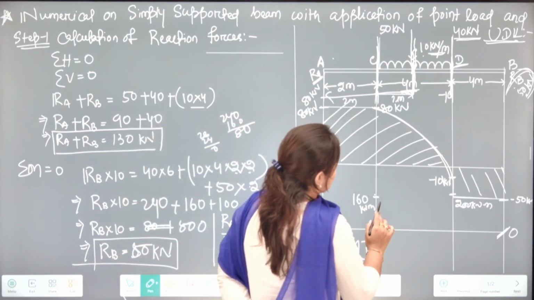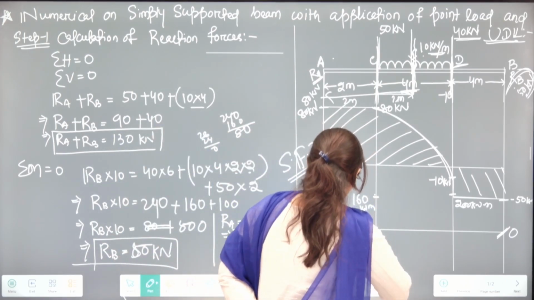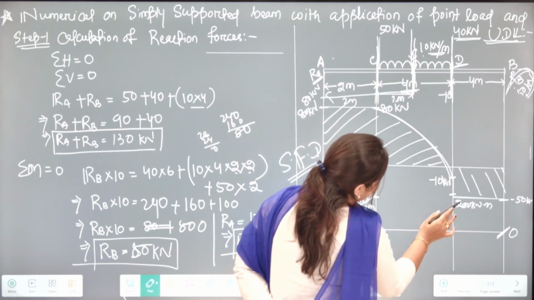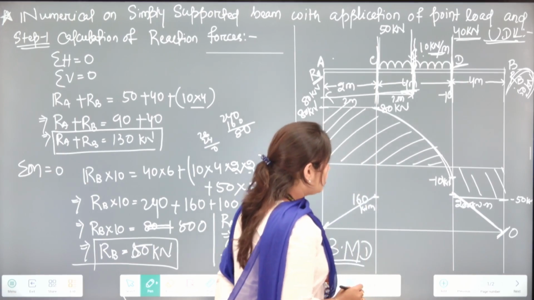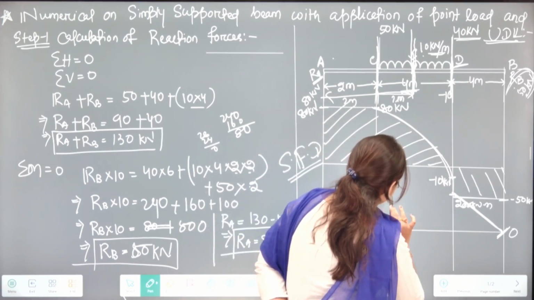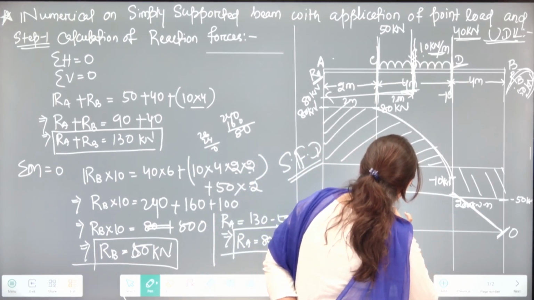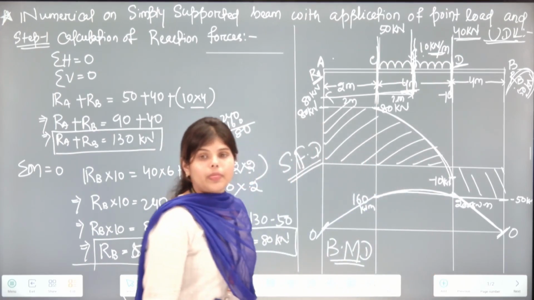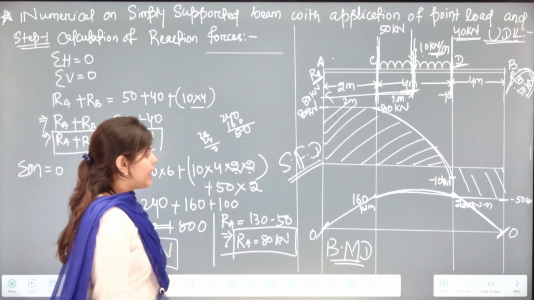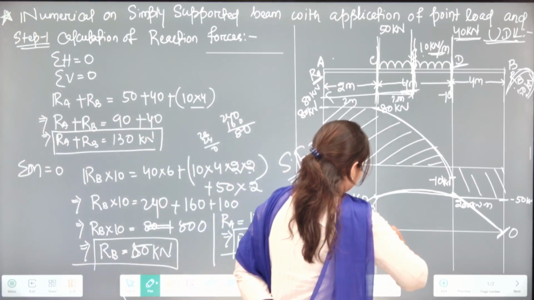These are also going to be joined by a line, but this is going to be an arc. Here is your diagram for BMD.